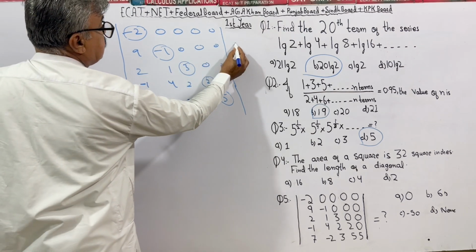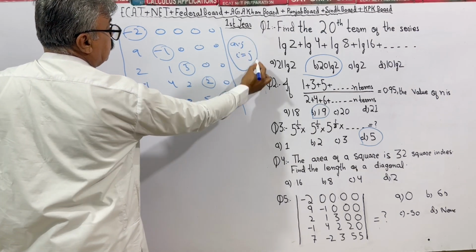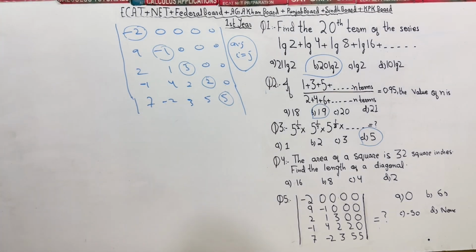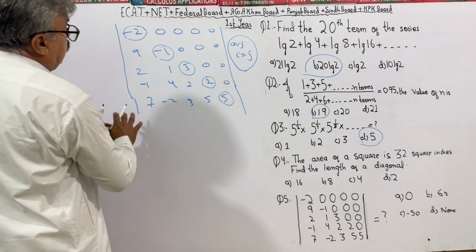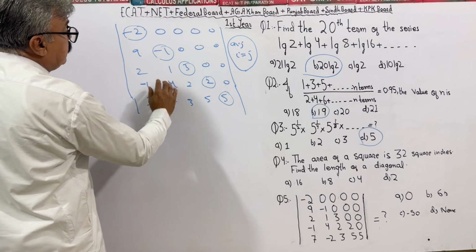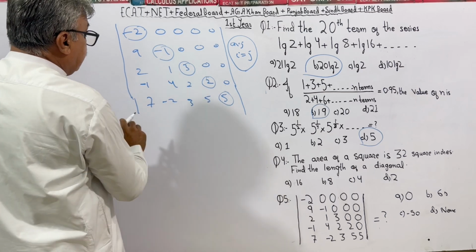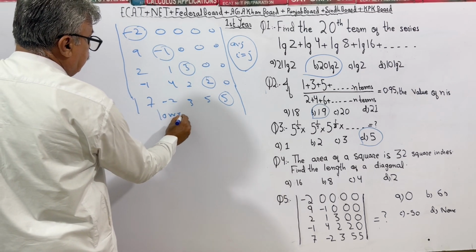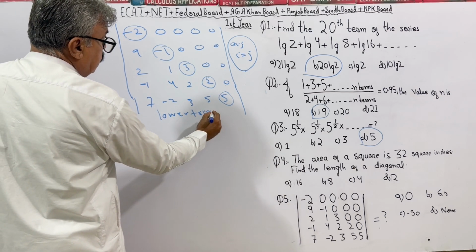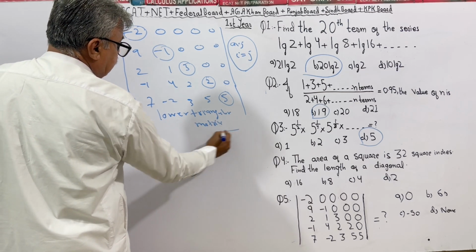Their general notation is given by Aij, where i is equal to j. Lower triangular matrix: below the diagonal, the elements are non-zero, and above the diagonal, they are all zero. It is a lower triangular matrix.